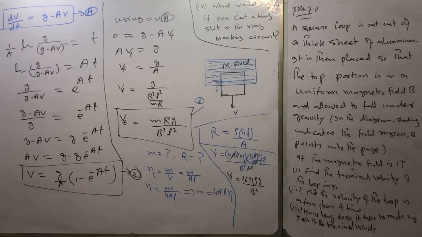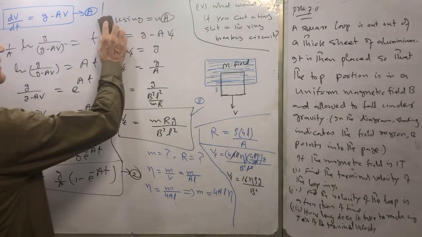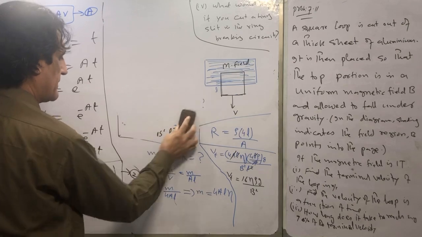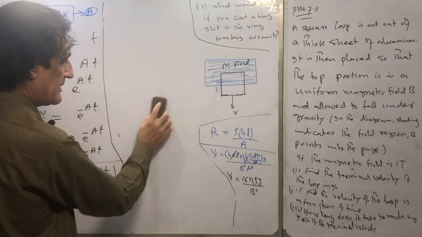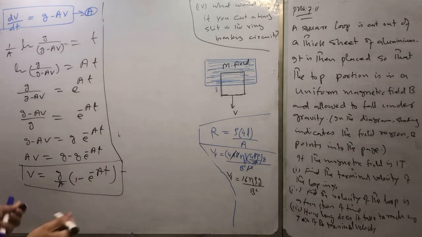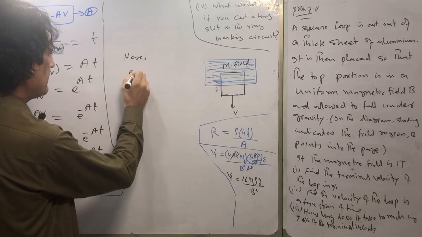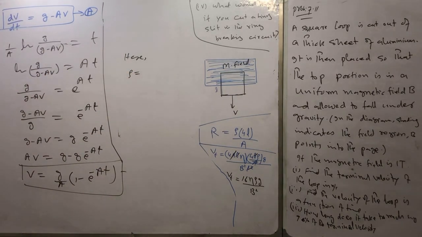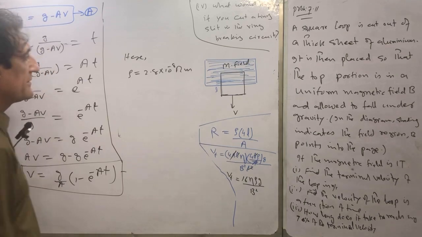Here, rho, the resistivity for this system is 2.8 into 10 to the power minus 8 ohm meter.